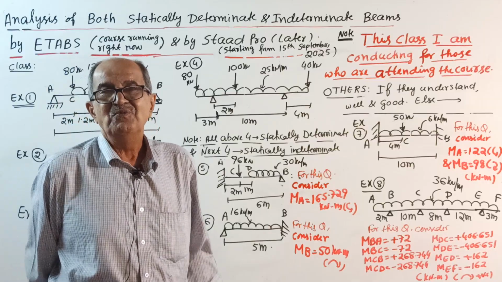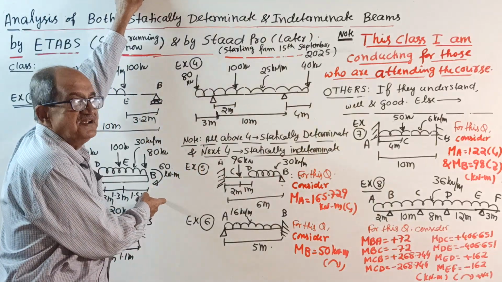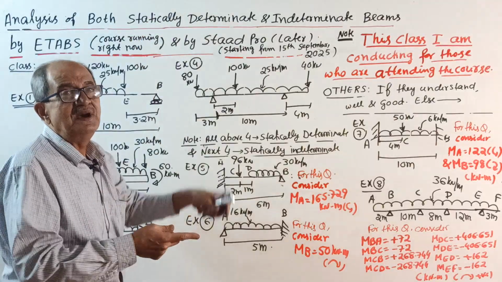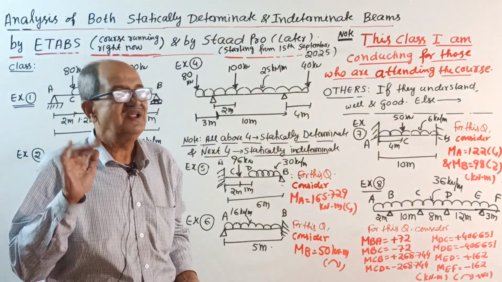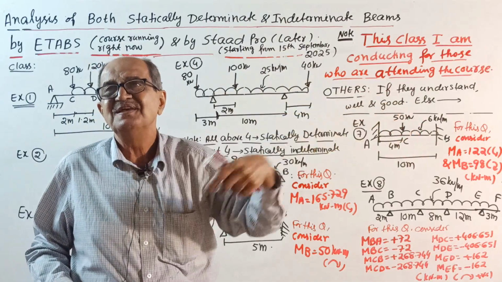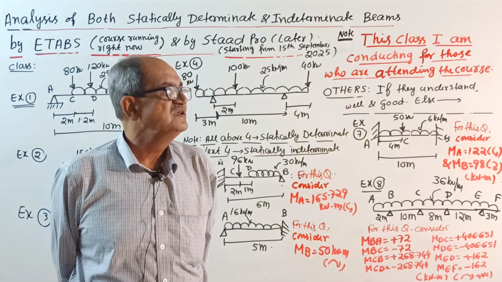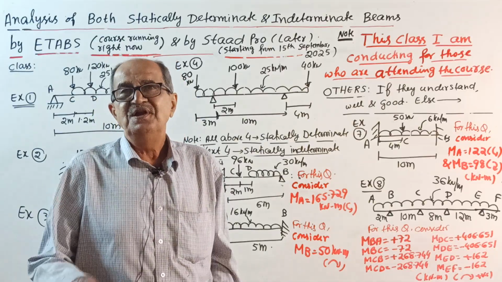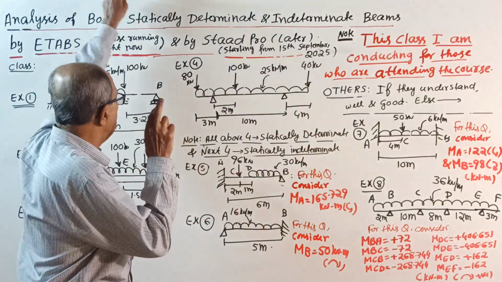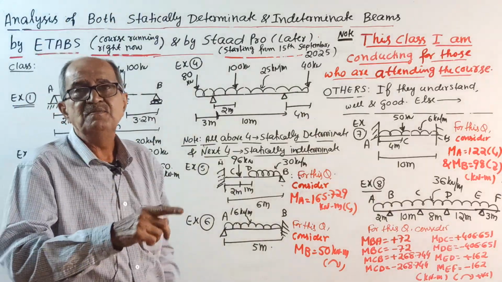That means one possibility is what? Maybe we have made a calculation mistake or numerical mistake. Or during modeling, you made a mistake. If you make a mistake in the modeling, software will give a wrong answer. But still, it is compulsory that what answer we get in the class has to be verified by software.